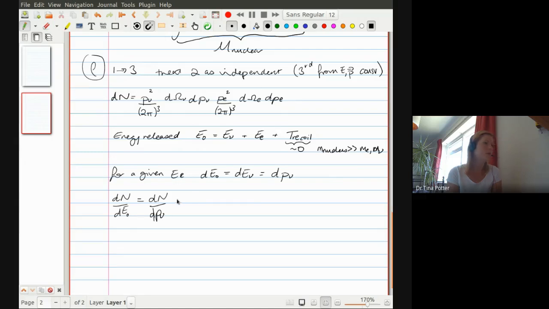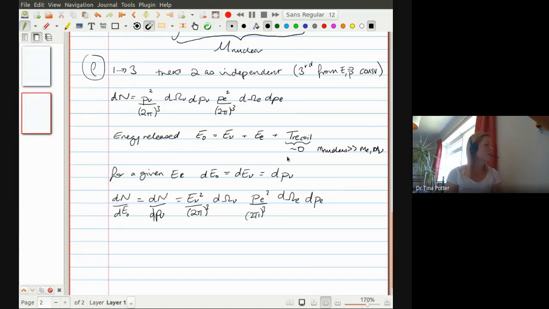dP nu, the energy of the neutrino squared over 2 pi cubed, depends on the solid angle, the electron momentum squared, we've got the 2 pi cubed, d omega, dP.